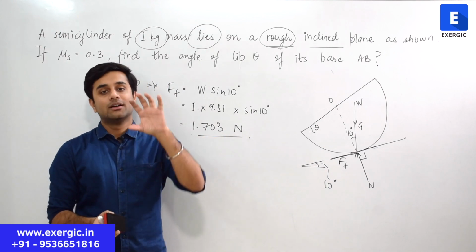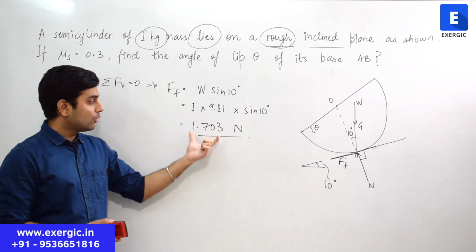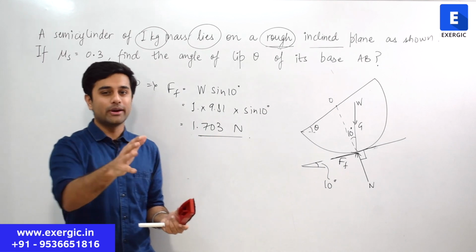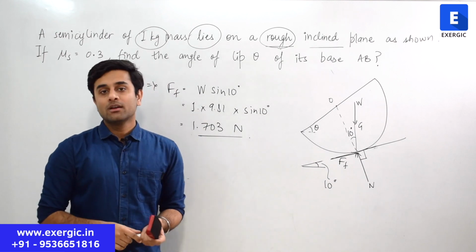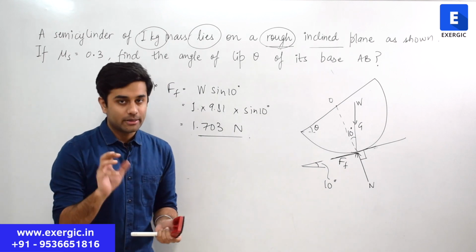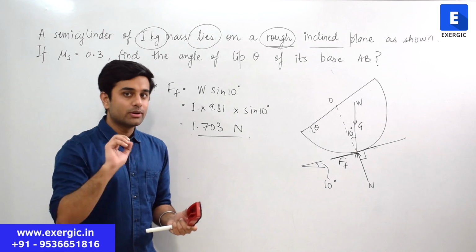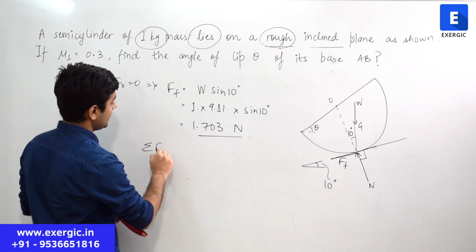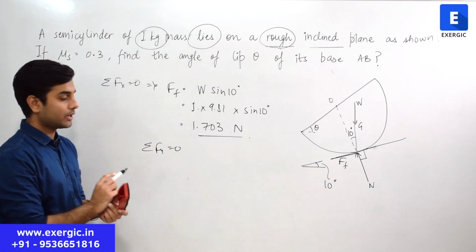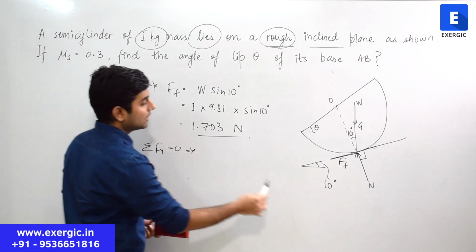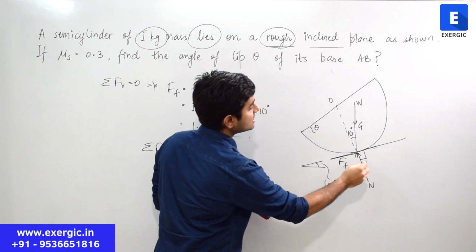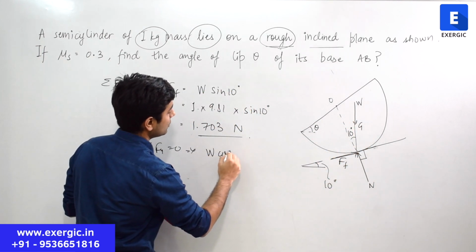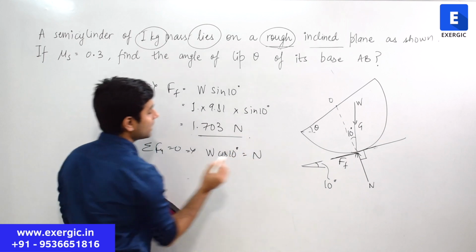But all of you will not be able to get this value. Some of you will get a different value of friction here, a value higher than 2.8 something. What is the reason for that? Let me tell you. Some of the students would have applied summation Fy equal to 0. If you do that, N will be balanced by the cos component of W, meaning W cos 10 degrees is equal to the normal reaction.